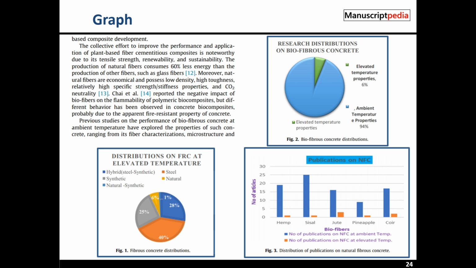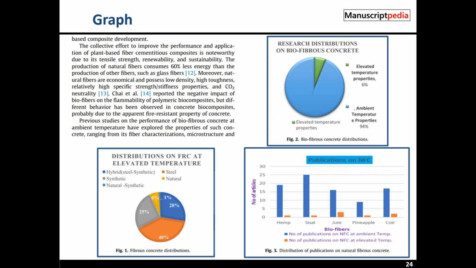With that he plots a graph. So 6% of articles, see at the top you can see research distribution on biofibrous concrete, elevated temperature, he is able to find 6%, and the remaining ambient temperature articles were 94%, which means in 6% very few people were doing the research work. In such a way you can plot a new graph.